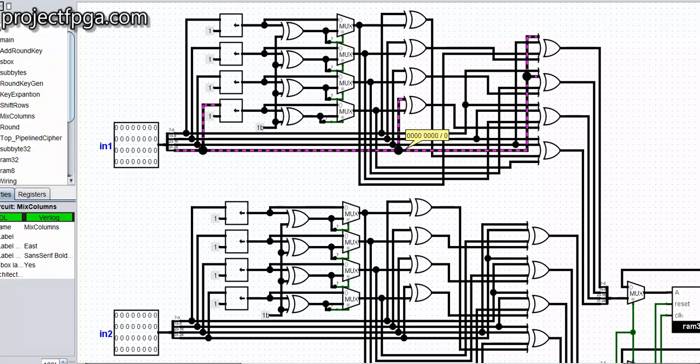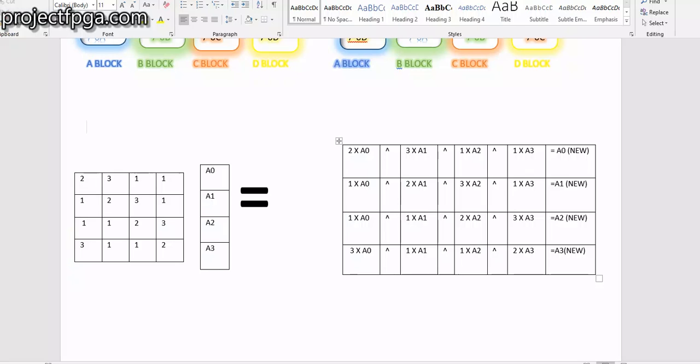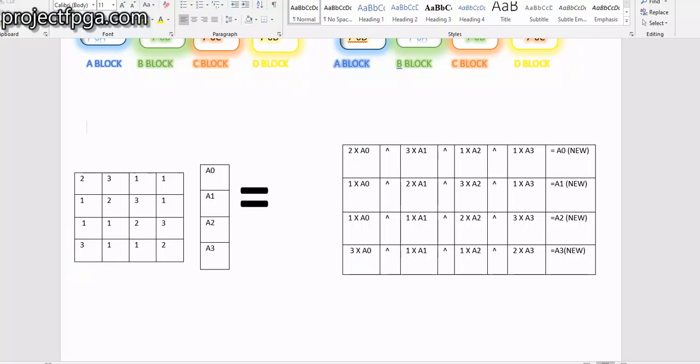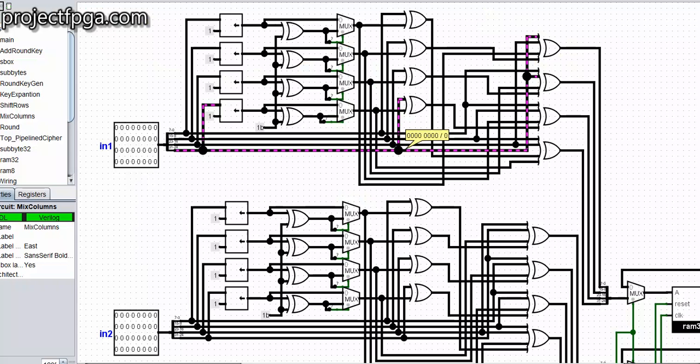So let's do the same for this second row. Remember, this second row is being represented by this second XOR input here. So let's see. It starts with 1 multiplied by A0, which is A0 left untouched. So A0 left untouched should be this one.